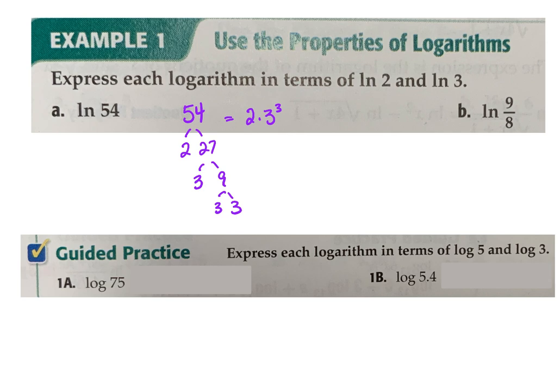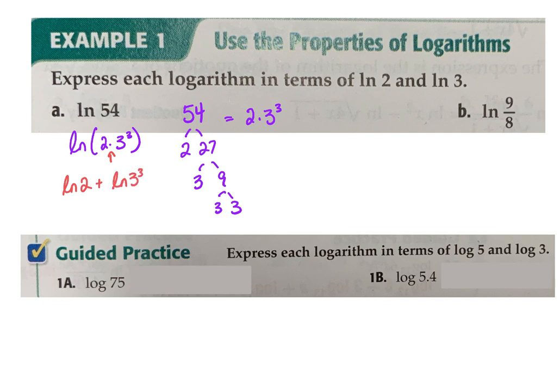All right, y'all remember doing that in like upper elementary, middle schoolish, where you broke it into primes? So that means if I want the natural log of 54, I can say, well, that's the same thing as the natural log of 2 times 3 cubed, right? So I just split it up that way. And then I'm going to use my properties. I have a property for multiplication. My multiplication property says I can split these up with an addition, all right? So I can say ln of 2 plus ln of 3 cubed, right?